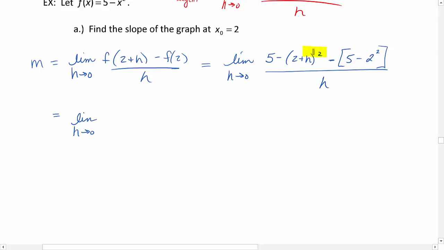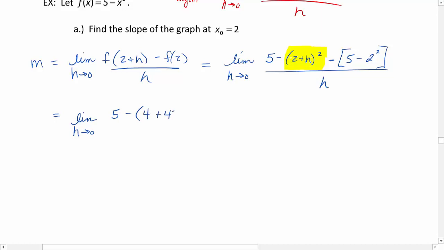Now here in the numerator, you're going to have to write that twice and multiply it out, or hopefully by now you're getting comfortable with the shortcut, squaring a binomial, where we get the first one squared plus twice the product of the two terms plus the second one squared. Now I have to keep this in parentheses because I'm subtracting the result of this product, so I'm going to have to ultimately distribute this negative.